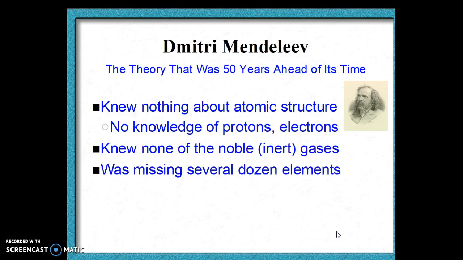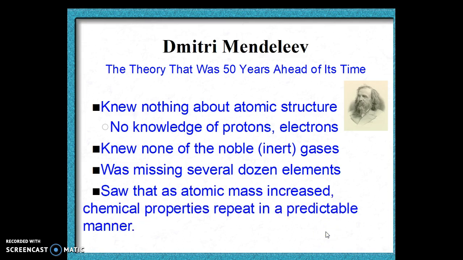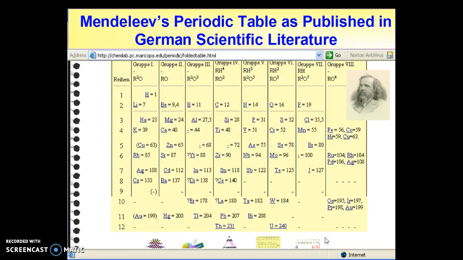He was missing several dozen elements in his table of atomic masses that he was using. But he saw that as the atomic mass of atoms increases, the chemical properties repeat in a predictable manner. He gave us this periodic table. That's how it was published originally in the German scientific literature.